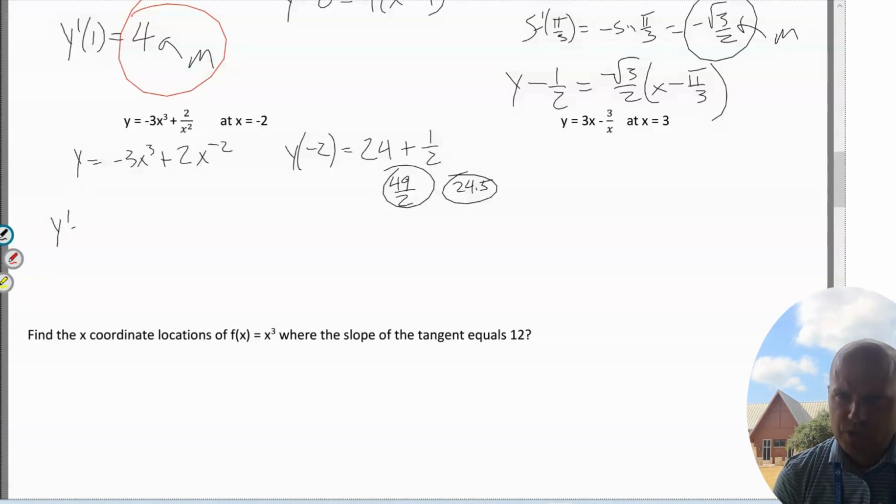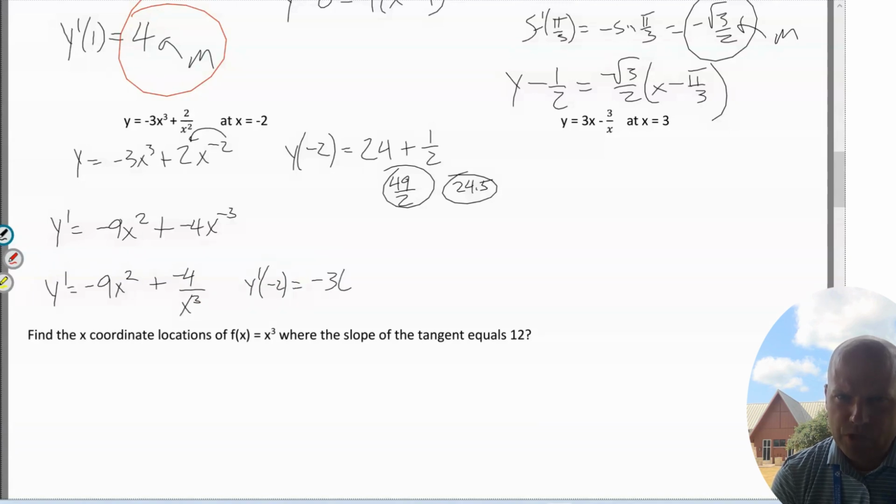Now let's find the slopes. Negative 9x squared, 3 times 3, minus 1. Negative 4x to the negative third, negative 2 times 2, minus 1. Plug in negative 2.